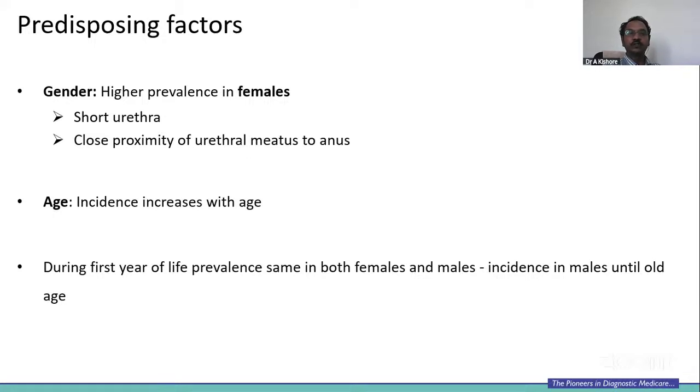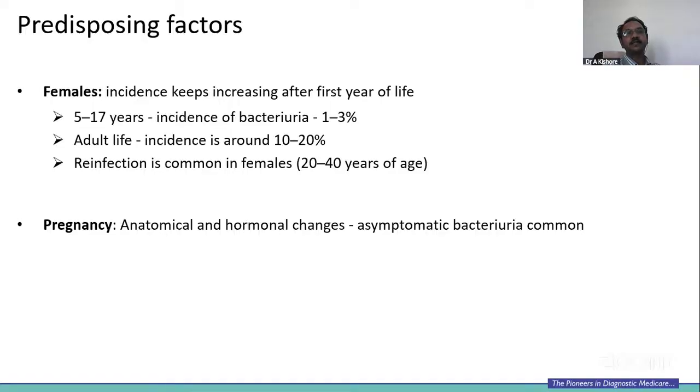If you look into the first year of life, prevalence is the same in both males and females, but the incidence rate is more in males. That is, in the first year of life it is more in males, whereas in females it increases after the first year of life. At 5 to 17 years, the incidence of bacteriuria is about 1 to 3%.